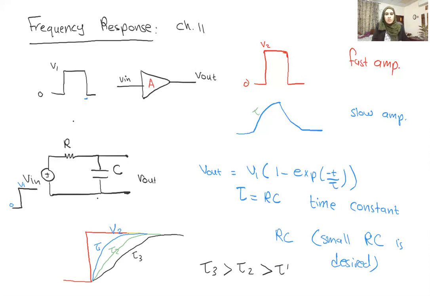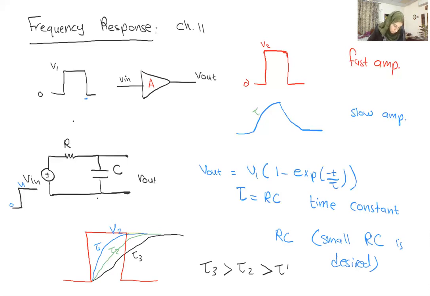Otherwise, if tau is large, then it will require more time, like the case of the black color here, in order to reach the final value that is desired. In some cases this behavior can be really bad: the on time might be quite small compared to tau, and therefore the amplifier will not be able to settle.